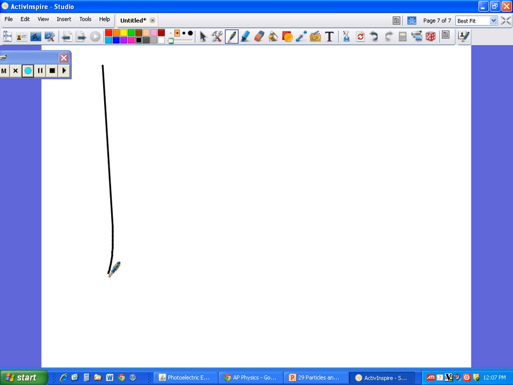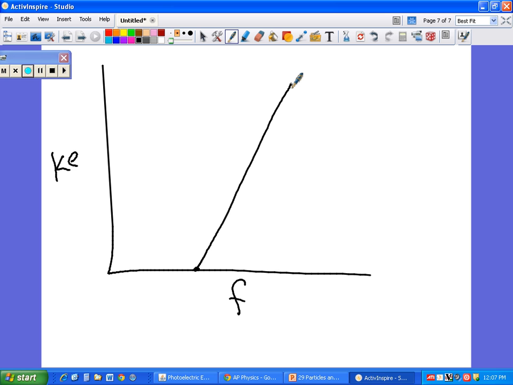If you were to look at a graph of this, where you have the kinetic energy of the electron on this side, and on this side you have the frequency of light, you would see a graph that looks something like this. Here, this would be f naught, to give you zero kinetic energy.